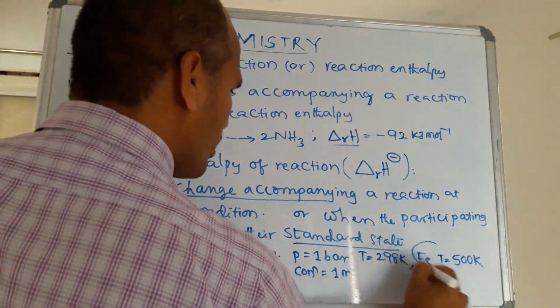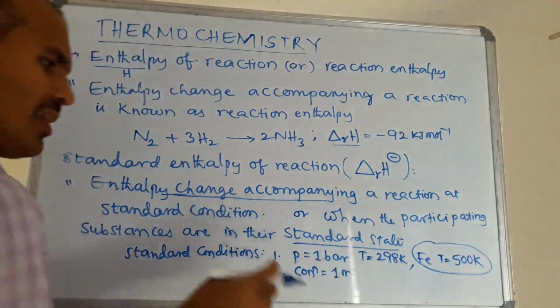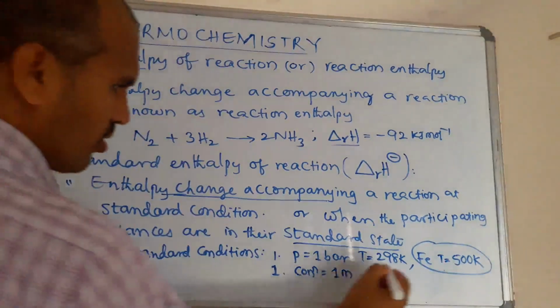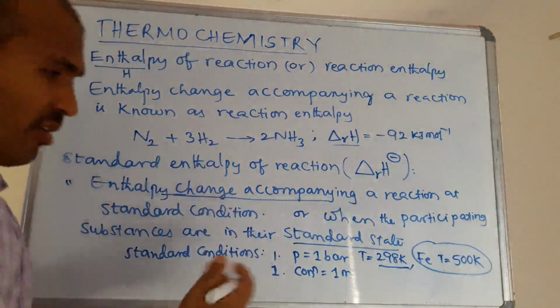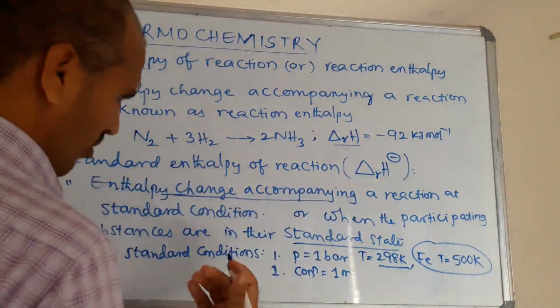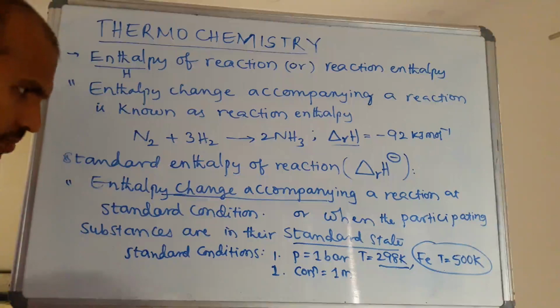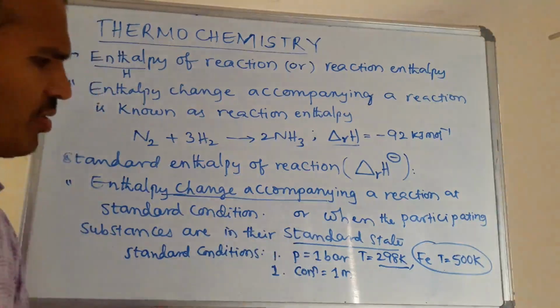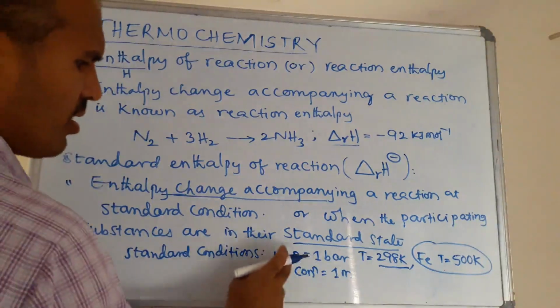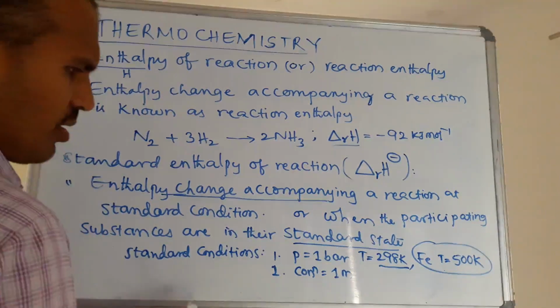Unless given in the question, you have to consider it as 298 Kelvin. For different substances this temperature may be different as a standard condition. So these are the standard conditions you have to remember: concentration, pressure, temperature.